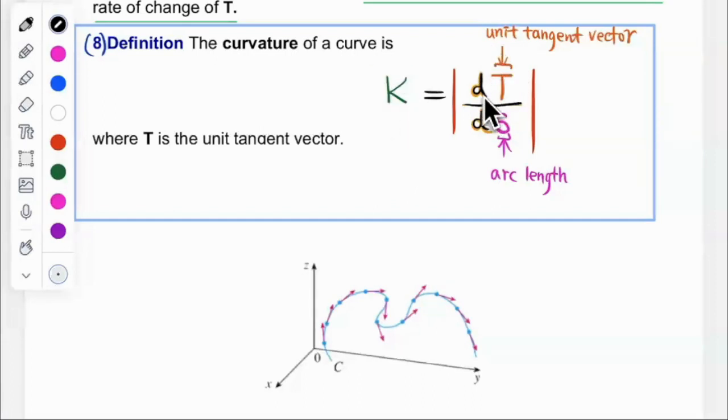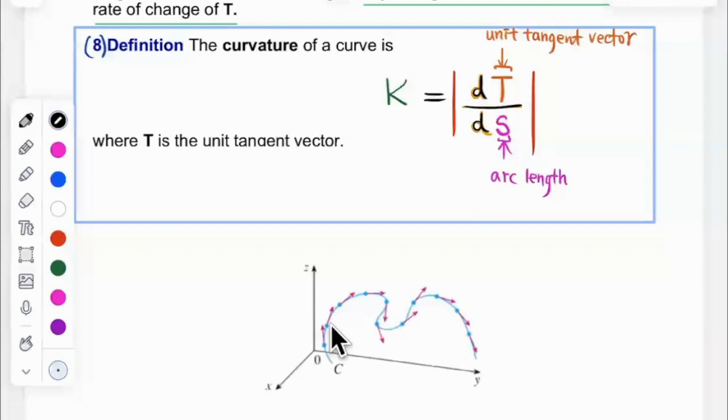Now remember, the unit tangent vector has length 1. So the length of that doesn't contribute to this rate of change here. So only the change in the direction of the unit tangent vector is going to contribute to this rate of change over here.